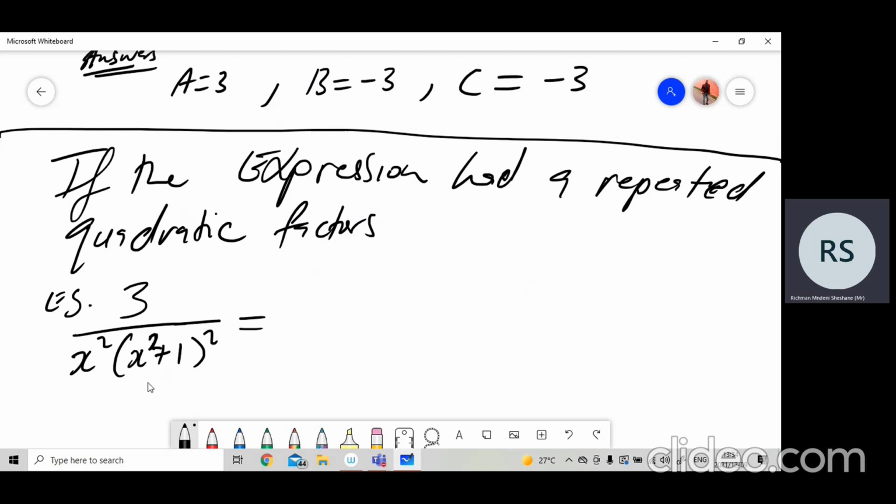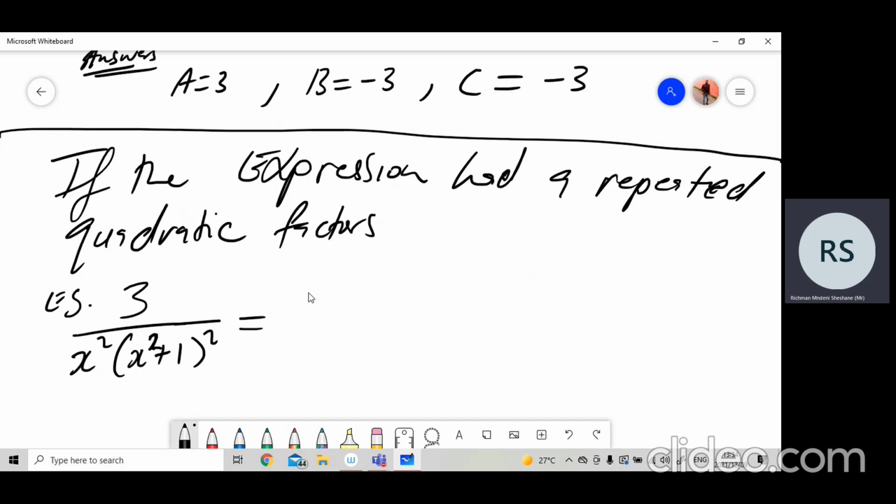We want to see the partial fraction form of this expression if we have a repeated quadratic factor. We have x squared plus 1 times x squared plus 1. So x squared plus 1 is repeated, and it's quadratic. Here, x squared we can treat as x repeated twice. x is a linear, so we have a repeated linear.